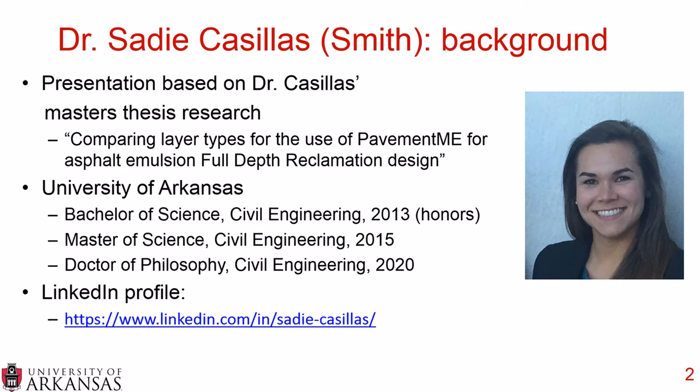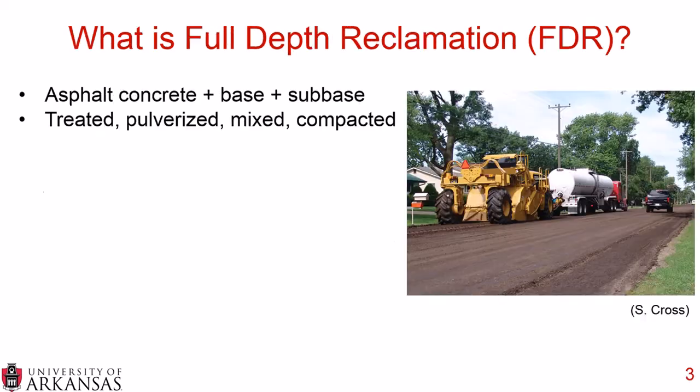In order to talk about her research, which looked at FDR in PavementME, let's start with a little bit of background of FDR. Full depth reclamation, or FDR, is asphalt concrete plus base course plus potentially sub-base course, all treated, pulverized, mixed, and compacted together.